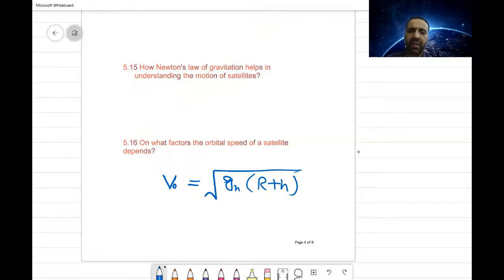This R plus H is the radius of the orbit of the satellite. So it depends on the radius of the orbit.